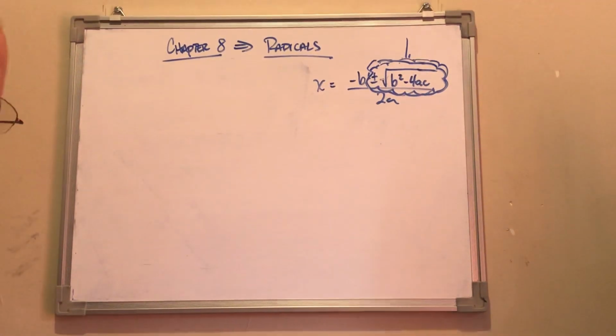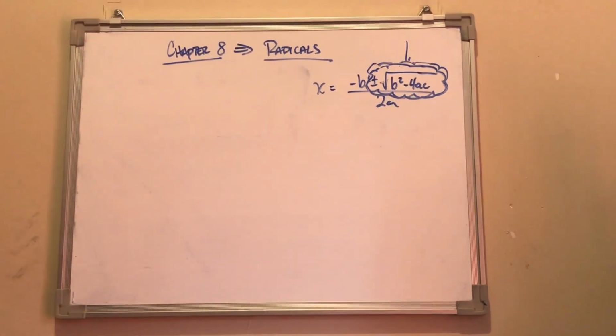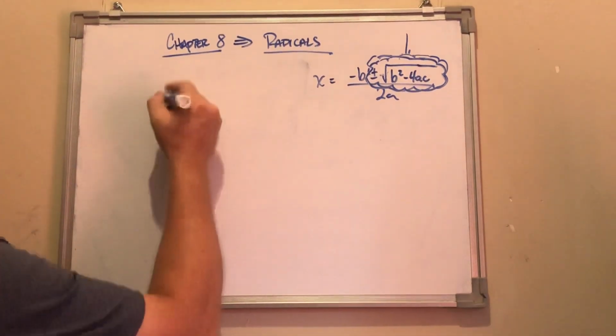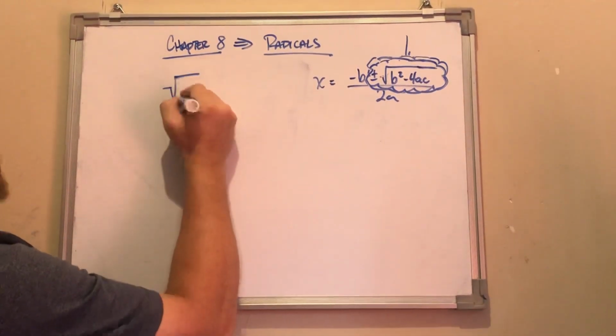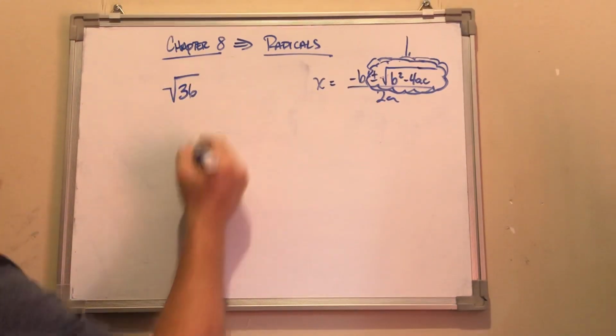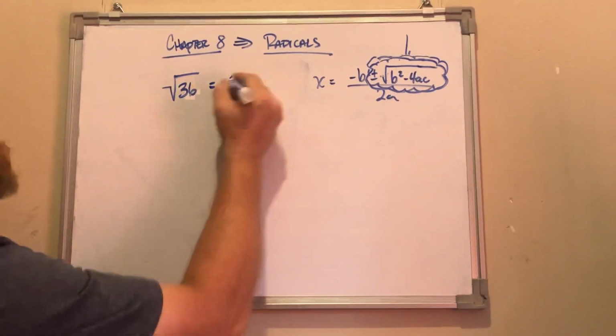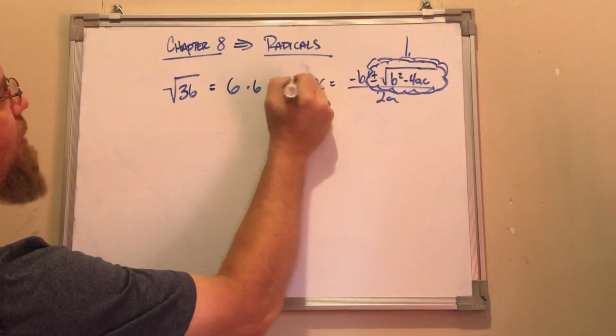Radicals are basically roots of numbers. The most common radical that you guys are familiar with is the square root, right? So the square root of 36 equals 6 because 6 times 6 equals 36.